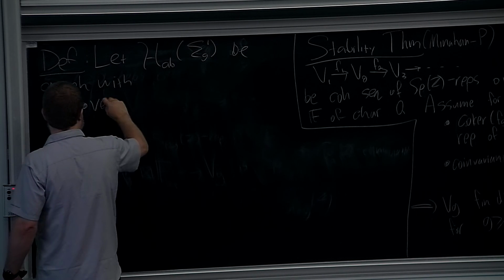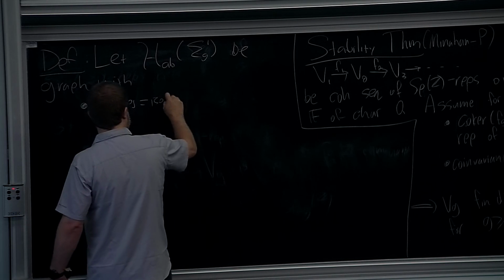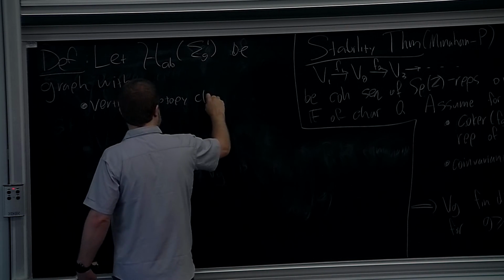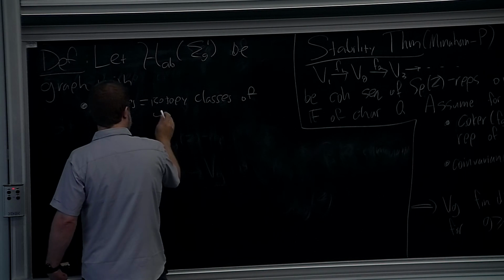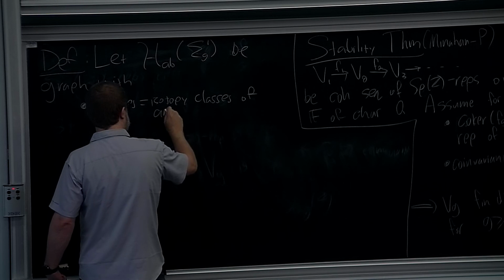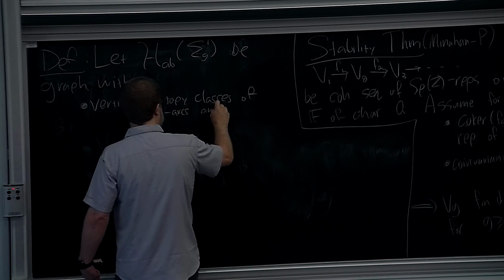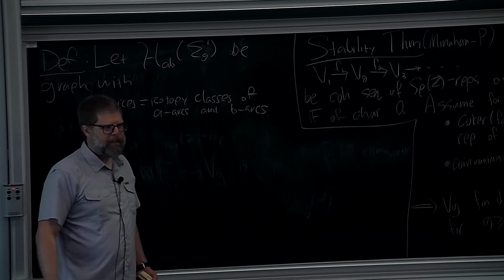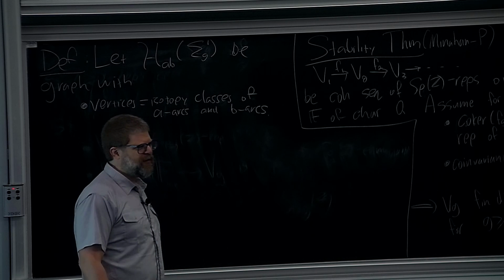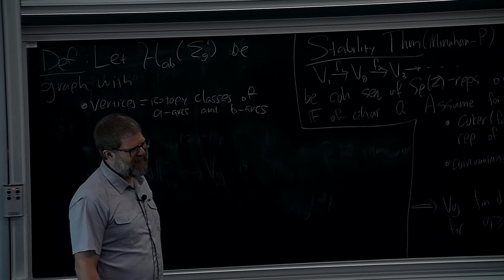The vertices equal isotopy classes of A arcs and B arcs. Okay? So the vertices come in two flavors. There's the red vertices and the blue vertices, okay?